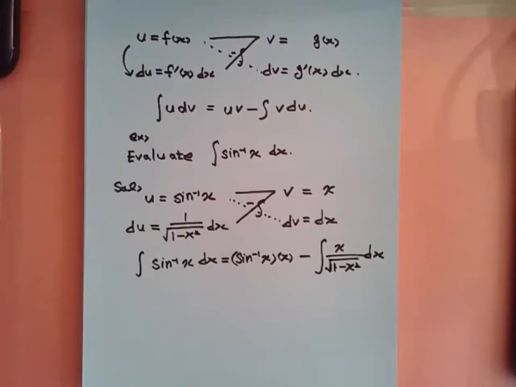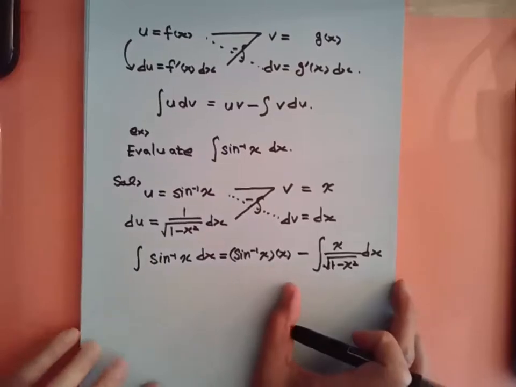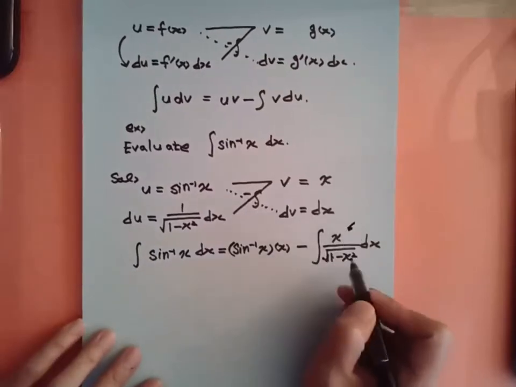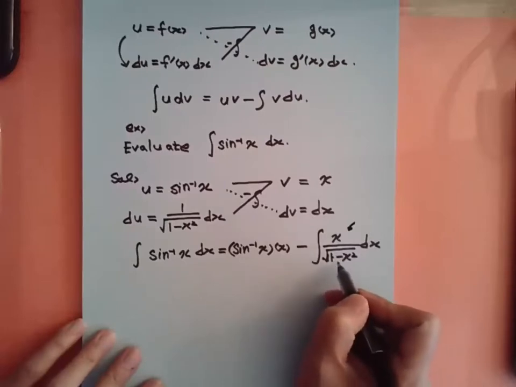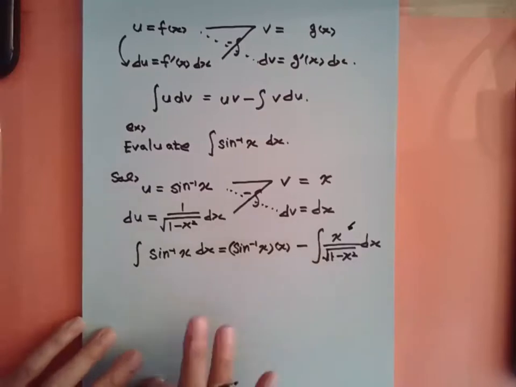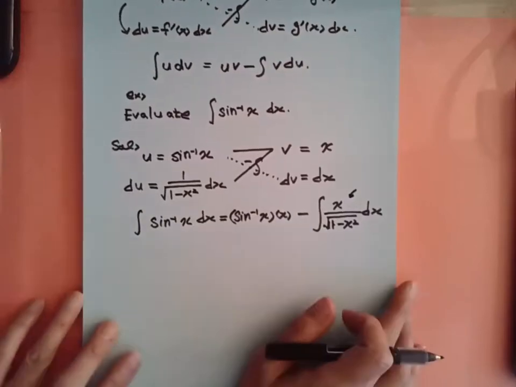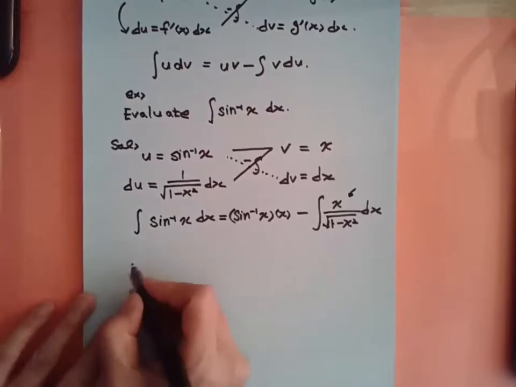Then what we can observe from the second term is the numerator x is one degree less than 1 minus x squared. So if we use the substitution method, then we can do the integration.